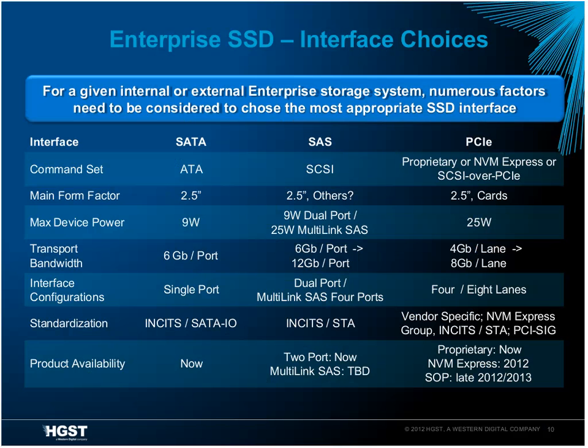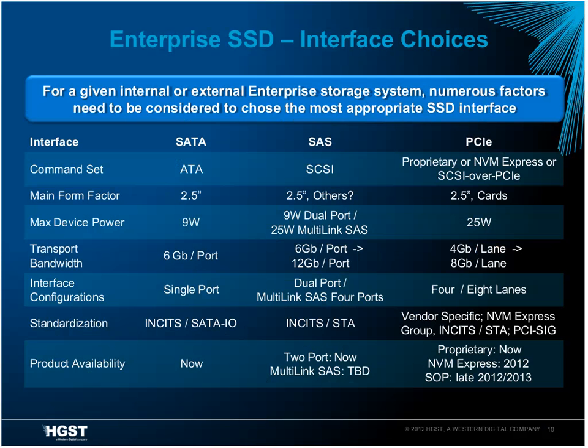This table summarizes three interface options: SATA, SAS, and PCIe. Depending on the enterprise storage system, many factors must be considered in choosing the best interface for the job. The speed of the interface, for SATA, 6 gig, or for SAS, 6 gig or 12 gig, and for PCIe, Gen 2 or Gen 3.